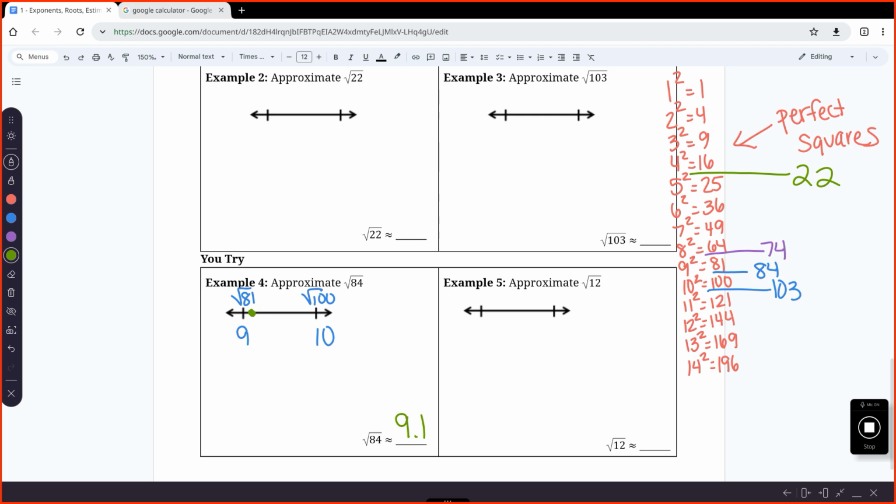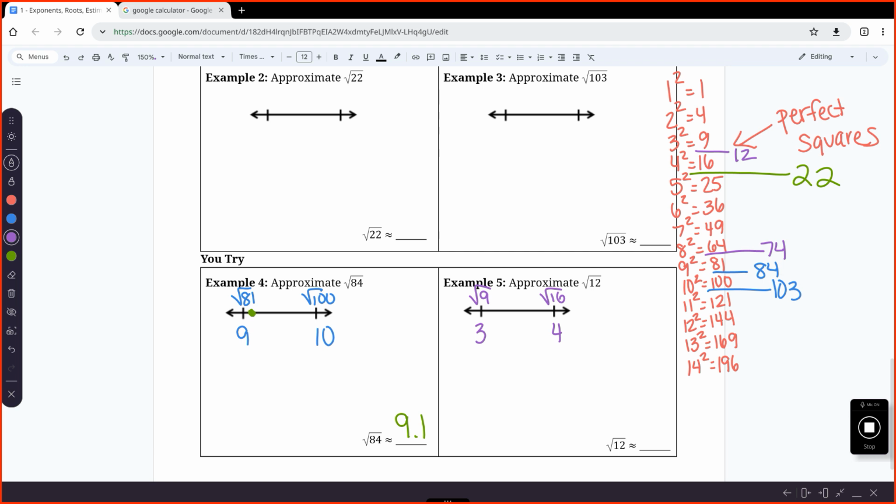So here we have the square root of 12, which would fall between 9 and 16. So we're going to do square root of 9, square root of 16. Square root of 9 is 3, the square root of 16 is 4.